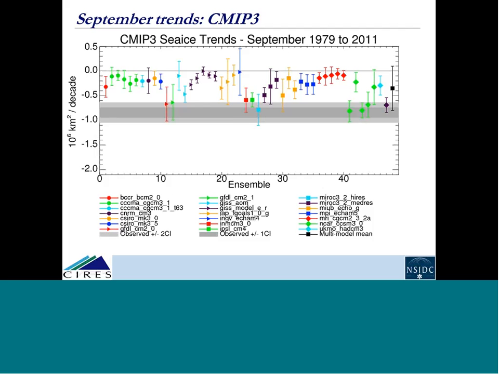When we look at the multi-ensemble mean here at the end, we see that it's not significantly different from the observations, but it's also not significantly different from the zero trend line. So there, CMIP5 didn't really capture the observed trend, and there was really no dramatic trend to speak of in a statistical sense.